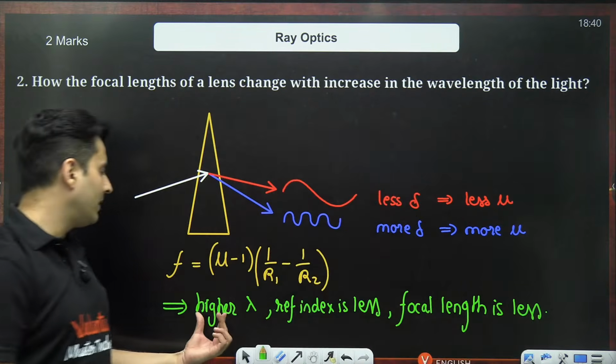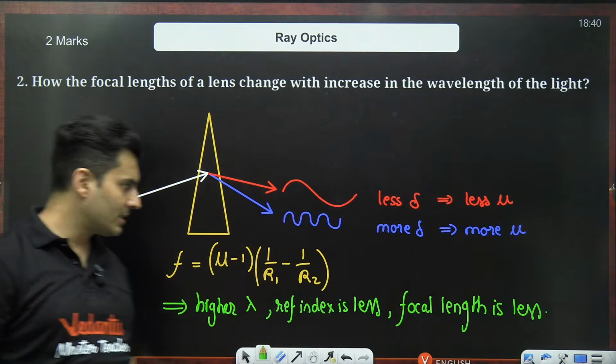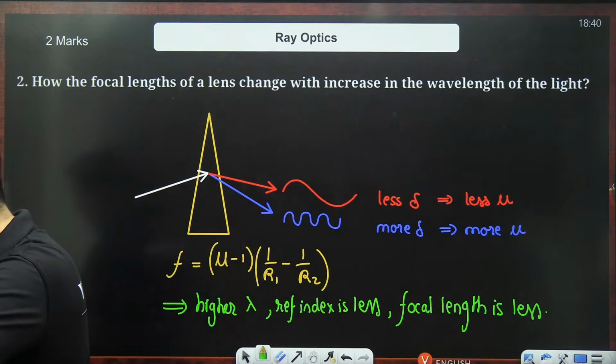So for bigger wavelengths, the focal length is smaller. For smaller wavelengths, the focal length is larger. Simple. Got it, everyone?